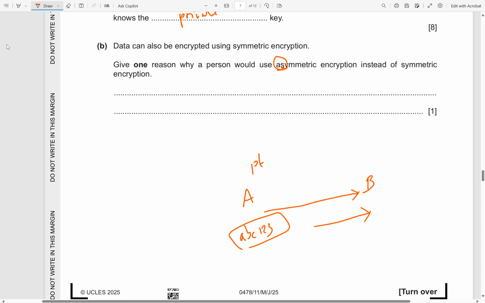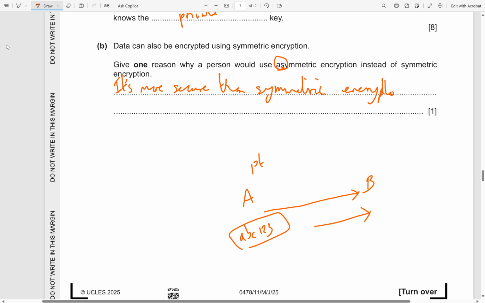That's why asymmetric is better, because it's more secure than symmetric encryption.